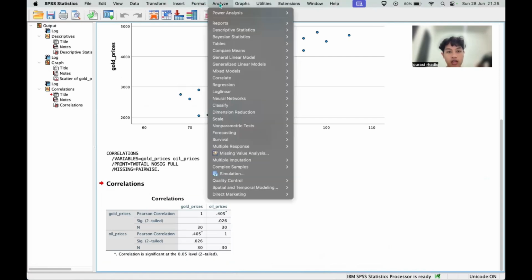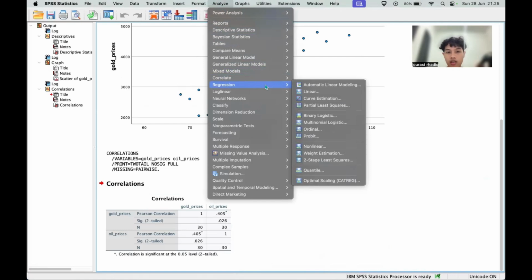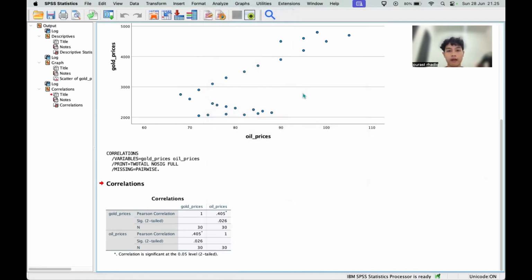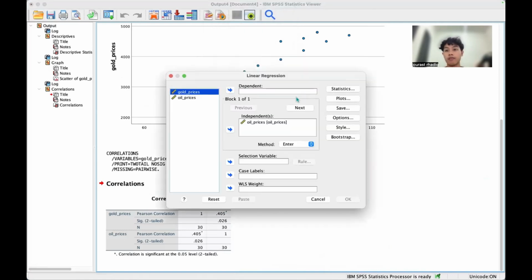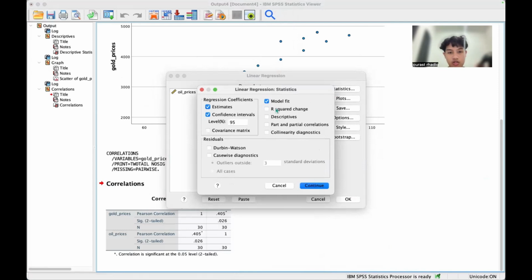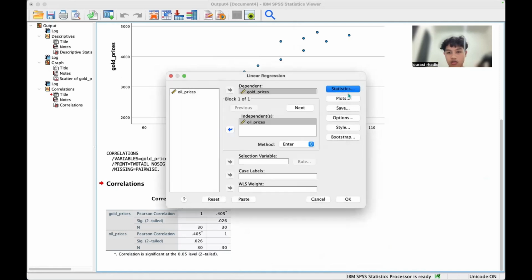Next one, we're going to do the linear regression. This one, regression linear. And this is the simple linear regression because we only have one x. I'm going to put gold prices to dependent, y-axis, and oil prices to independent. And then we press statistics, make sure to check all these three, estimates and confidence intervals, continue.